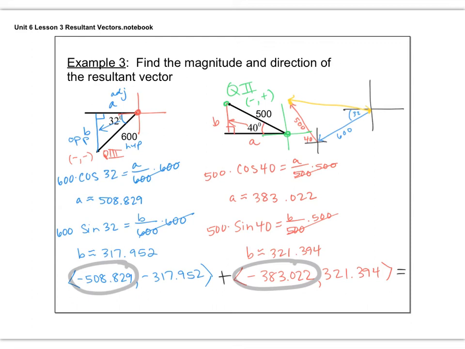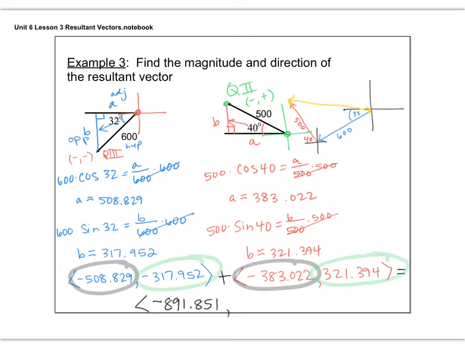So if I add negative 508.829 plus negative 383.022, this is going to be a big number, but it's going to be negative, let's see here, 891.851. Negative plus negative will be even more negative. All right, and then negative 317.952.